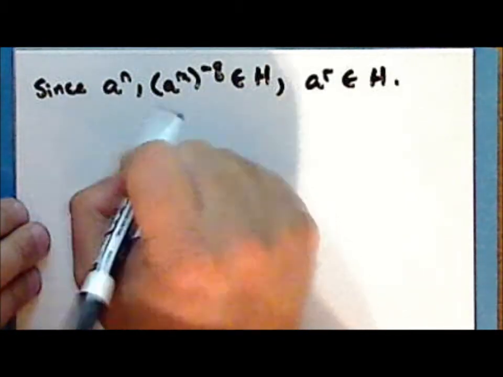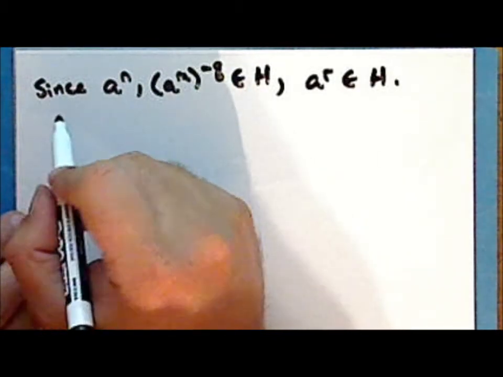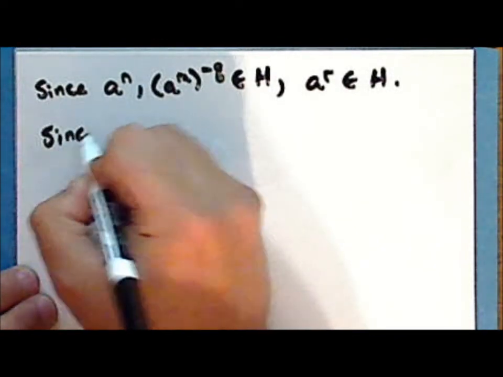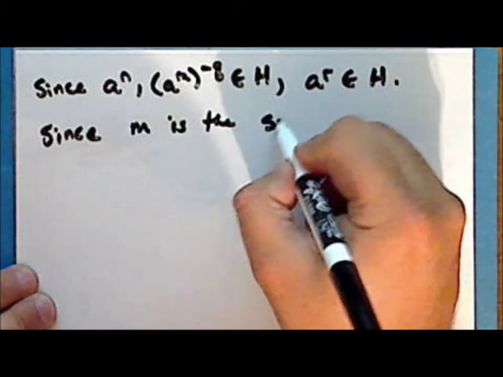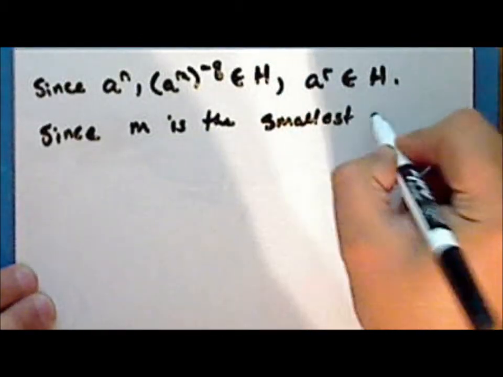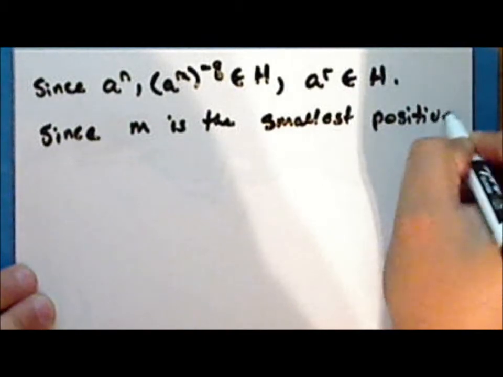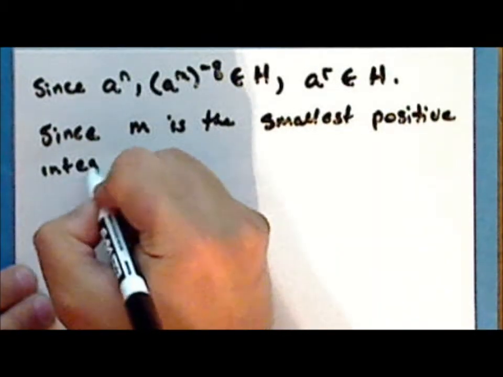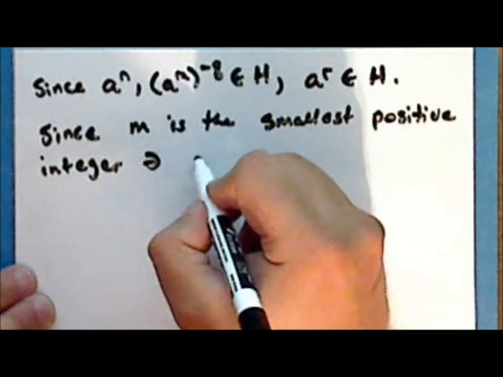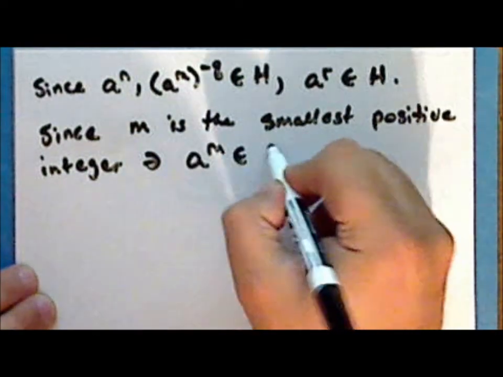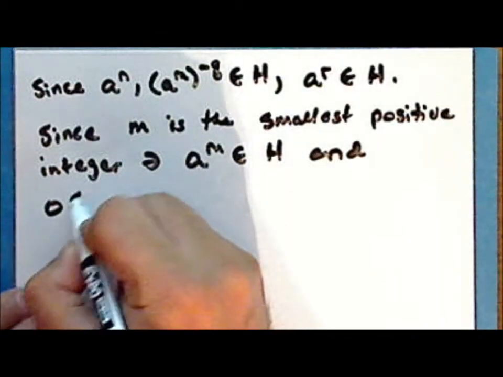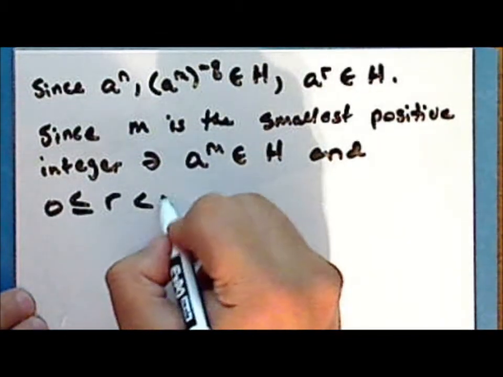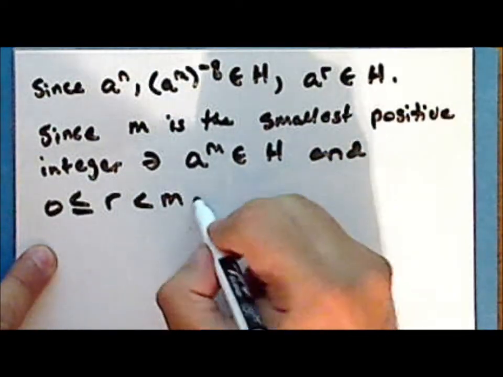It's closed under the operation of the group G. And since m is the smallest positive integer such that a to the power of m is an element in the set H, and r is strictly less than m, this means that r must be equal to 0.